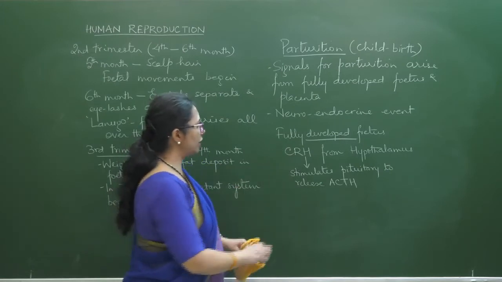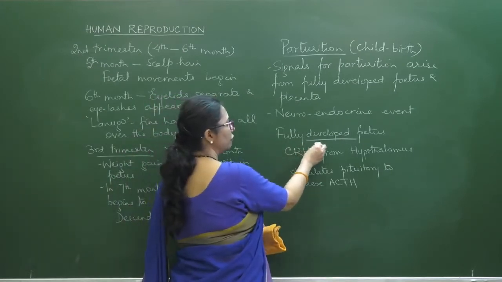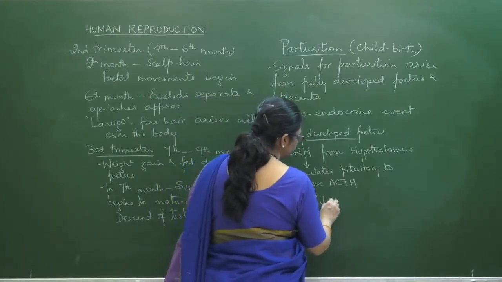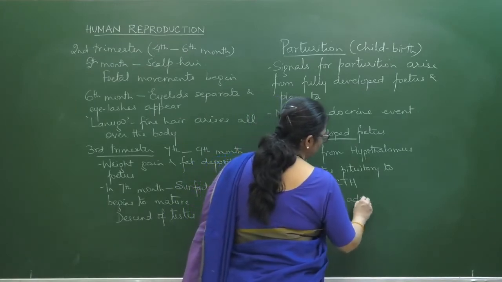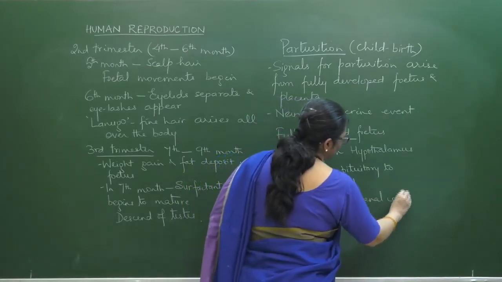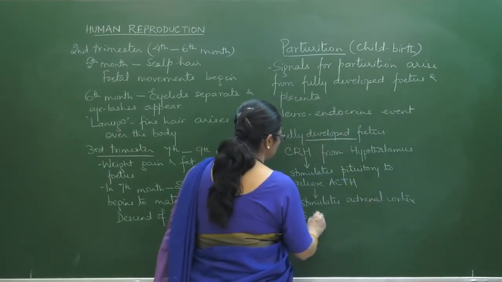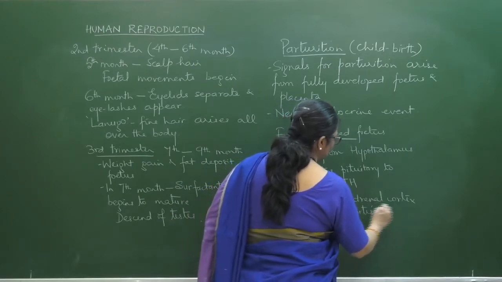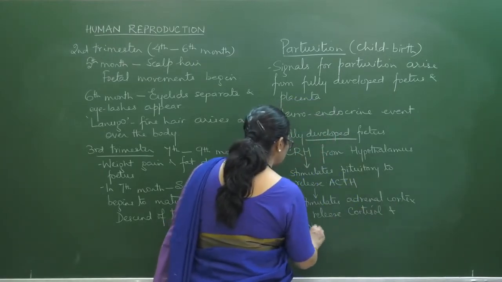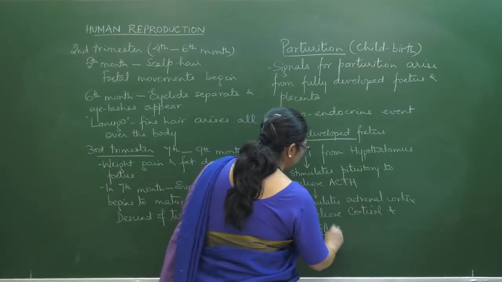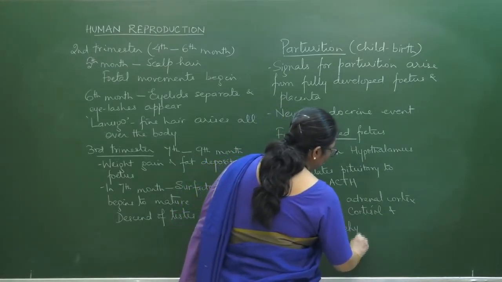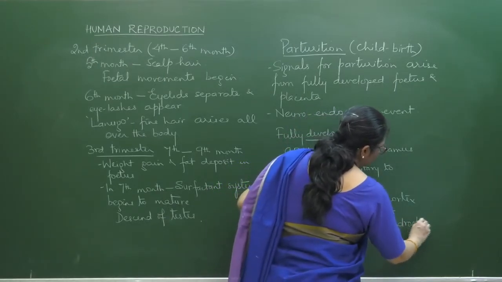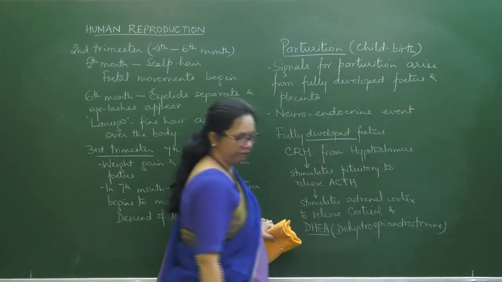And this ACTH stimulates the adrenal cortex to release cortisol, and there is another one, DHEA, that is dehydroepiandrosterone, which is a sex corticoid.